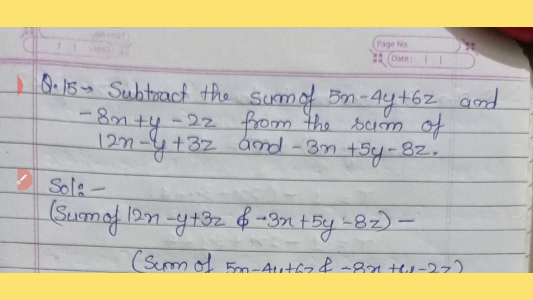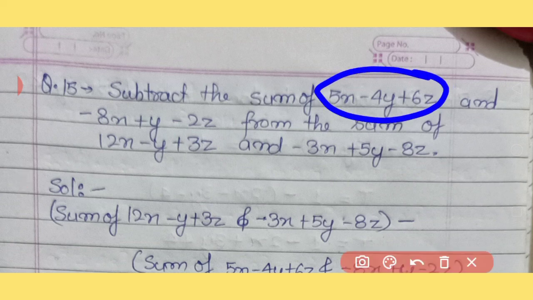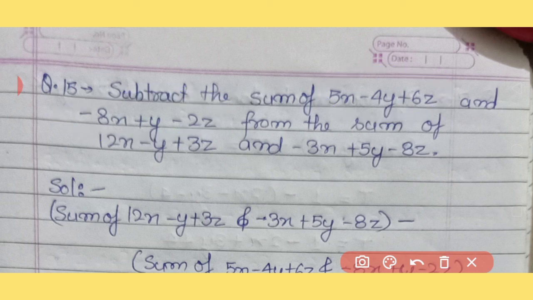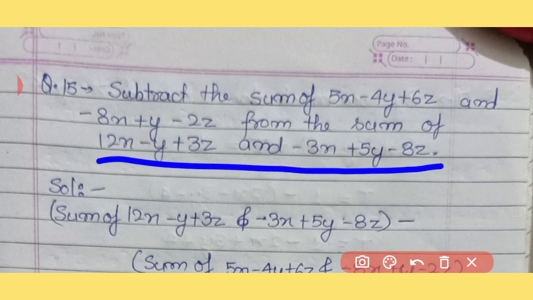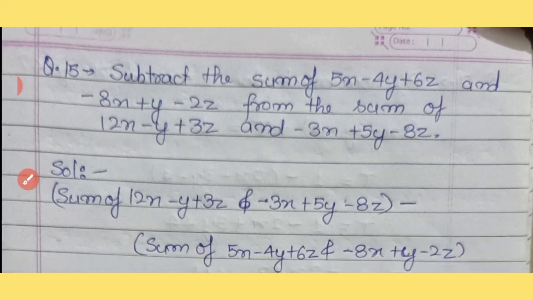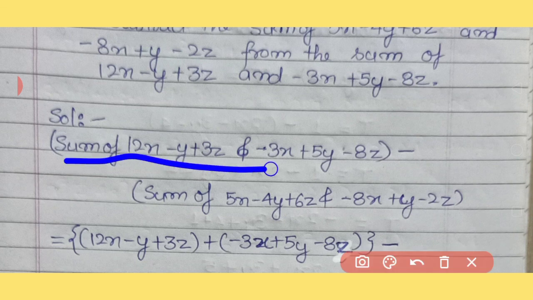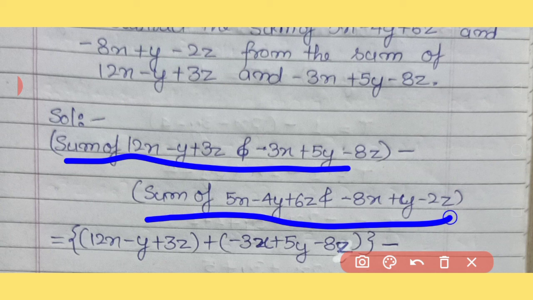Means first group, these are the two expressions of the first group. These will add, and it will subtract from the sum of the second group of expressions. So I have written here firstly the sum of the first group minus the sum of the second group.